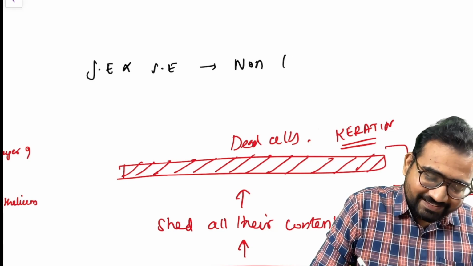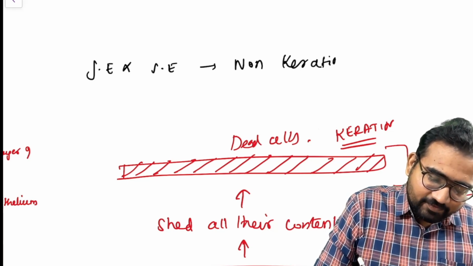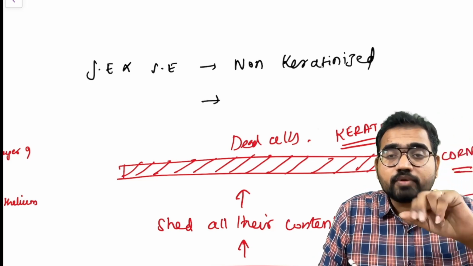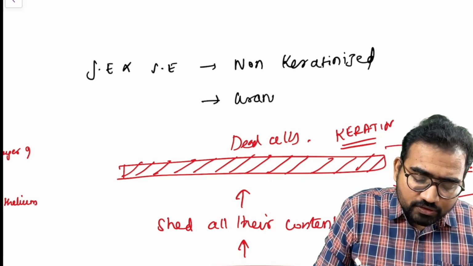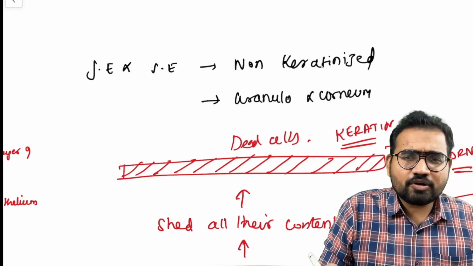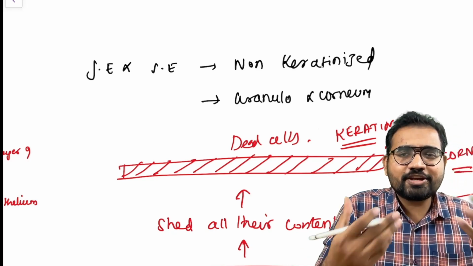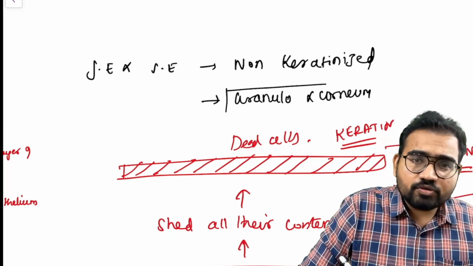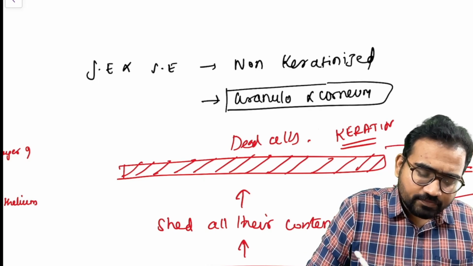What does that mean? You will not have the top two layers, stratum granulosum and corneum. If you don't have granulosum, there are no keratohyalin granules, there is no shedding of contents, so there will be no corneum also.